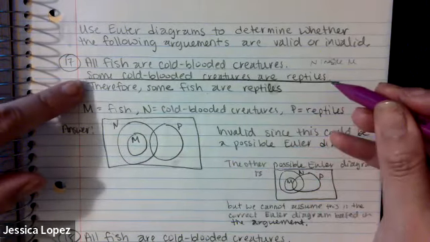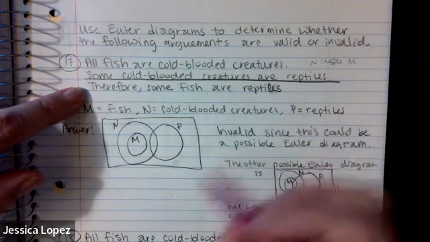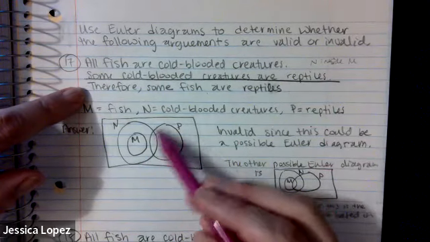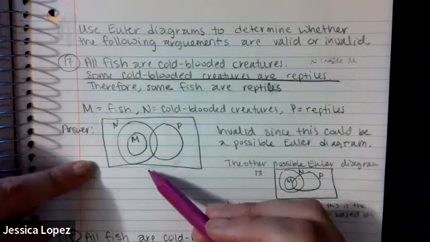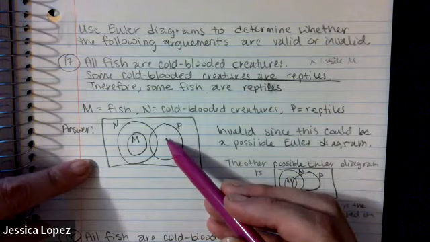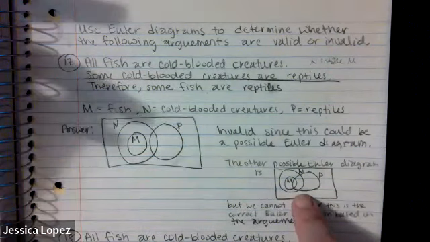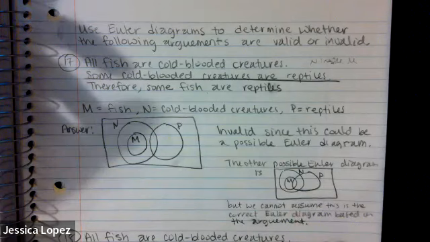And then the second statement says that some cold-blooded creatures are reptiles. So some of the cold-blooded creatures are reptiles, but just like the previous problem, it didn't tell me whether or not some of the fish were reptiles or not, okay? So it could be this situation, or it could have been possibly this situation.